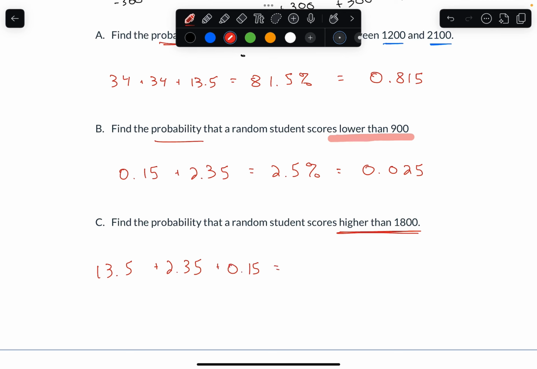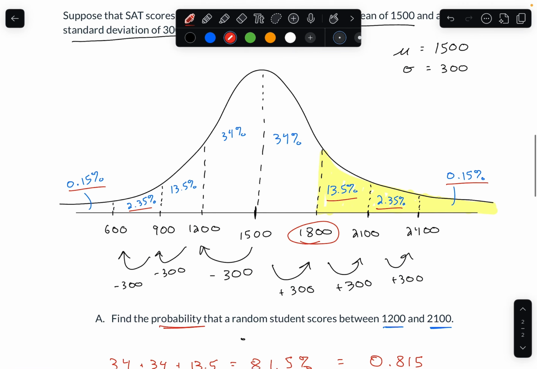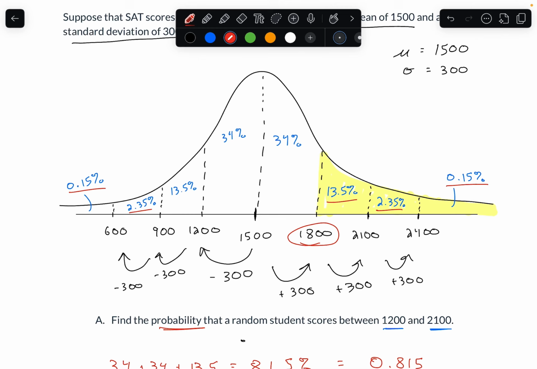Again, I'm going to grab my calculator here. 13.5 plus 2.35 plus 0.15 gives me 16%, or excuse me, if we wanted a probability, that would be 0.16. So the empirical rule makes these types of problems really, really nice as long as you have this picture here. So take a second just to draw out this picture.